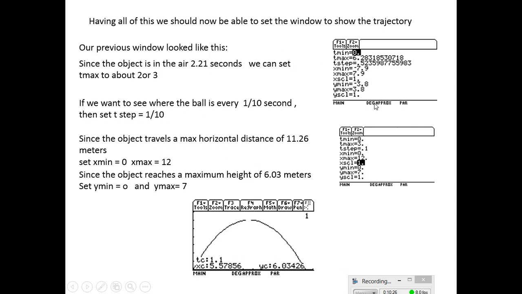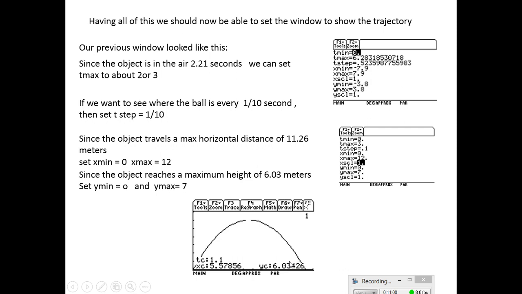So I want to adjust that appropriately. I'm adjusting that to 3. Now the parameters in time: how often do you want this plotted? Well, if you leave the t-step at 1, then it's going to plot basically 2 points. So the t-step is in time, and I want to see this maybe every tenth of a second. So that's my t-step, every tenth of a second.